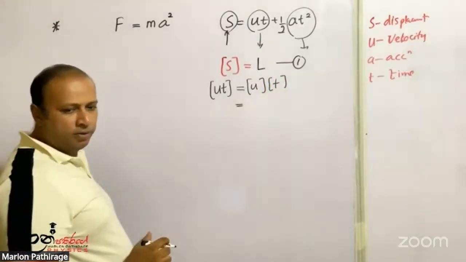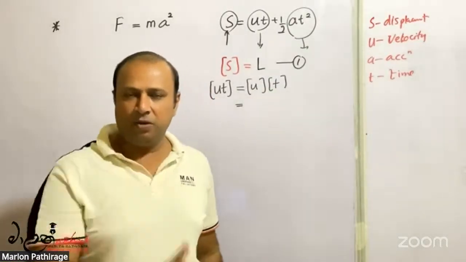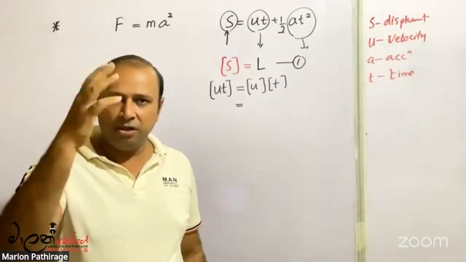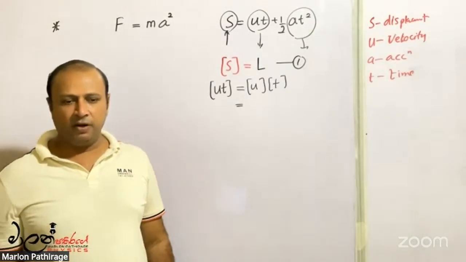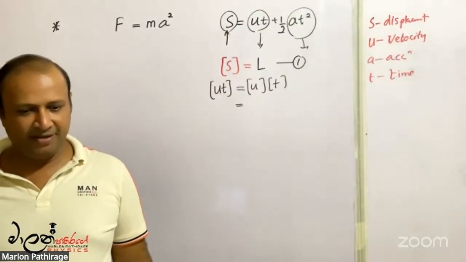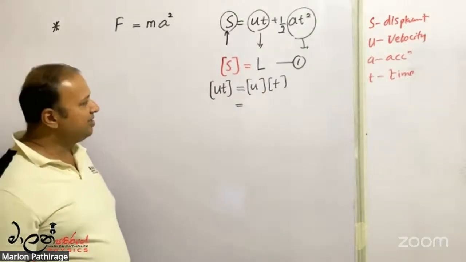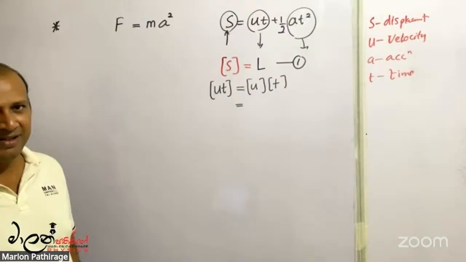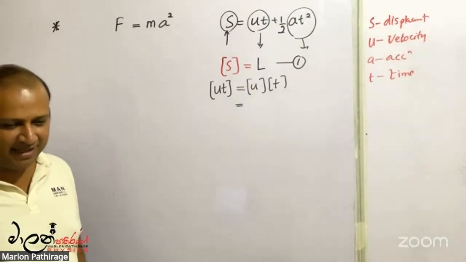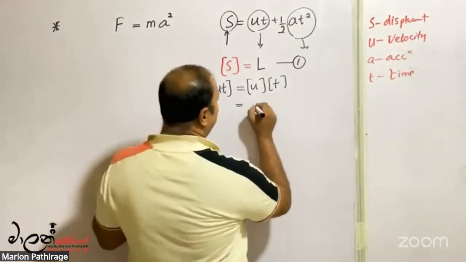U means velocity. Tell me quickly, what is the dimension of velocity? Yes, LT minus 1.